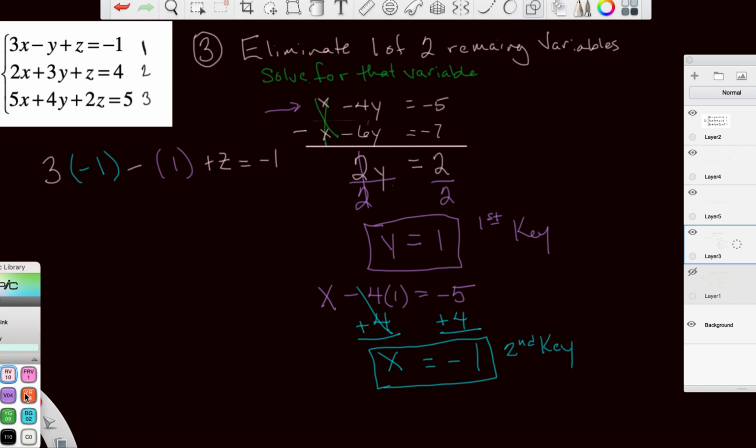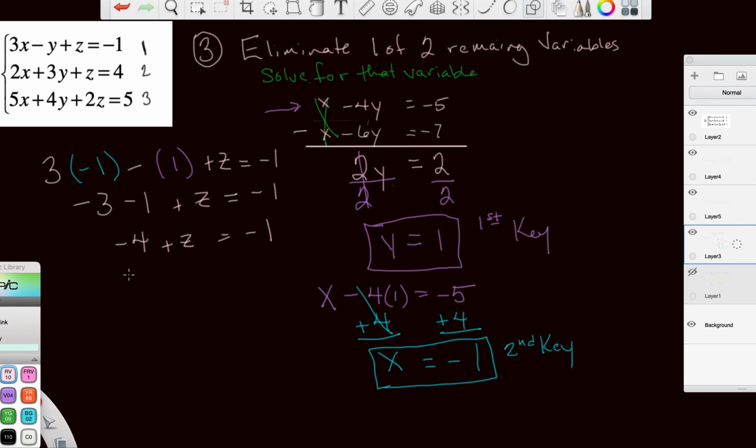Now I can do this math. Anybody can do this math. 3 times negative 1 is negative 3. Minus 1 plus z equals negative 1. Alright, negative 3 minus 1 is negative 4. Plus z equals negative 1.